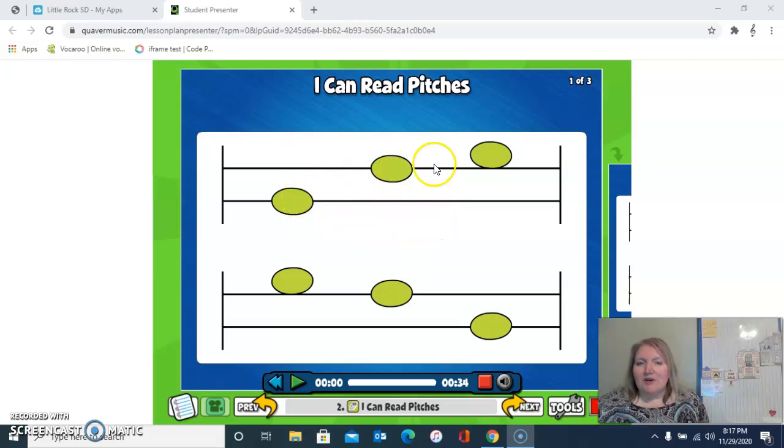And then we also know that la is a next door neighbor to so, but la is higher. So let me show you that on my hand staff. Let's say so is on a line, and this is so. If so is on a line, me is on the line below it. There's a space in between. We talked about those lines and spaces.